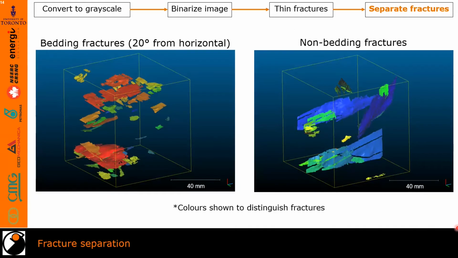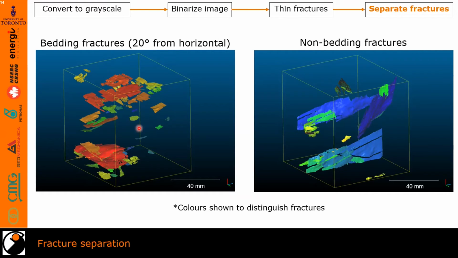And in addition to separating fractures, we classified the fractures on the basis that they were oriented along the bedding plane orientation, which was about 20 degrees from the horizontal. So the non-bedding fractures are shown on the right and tended to be much larger than the bedding fractures.